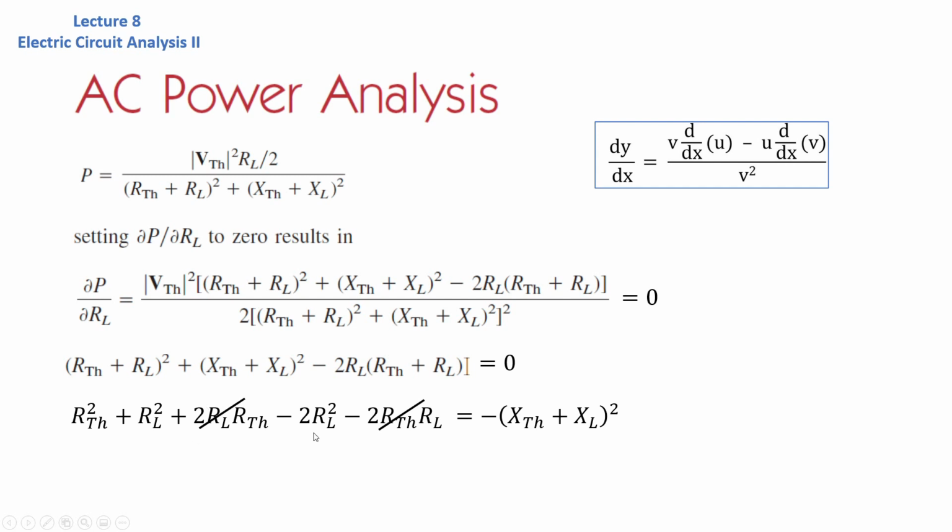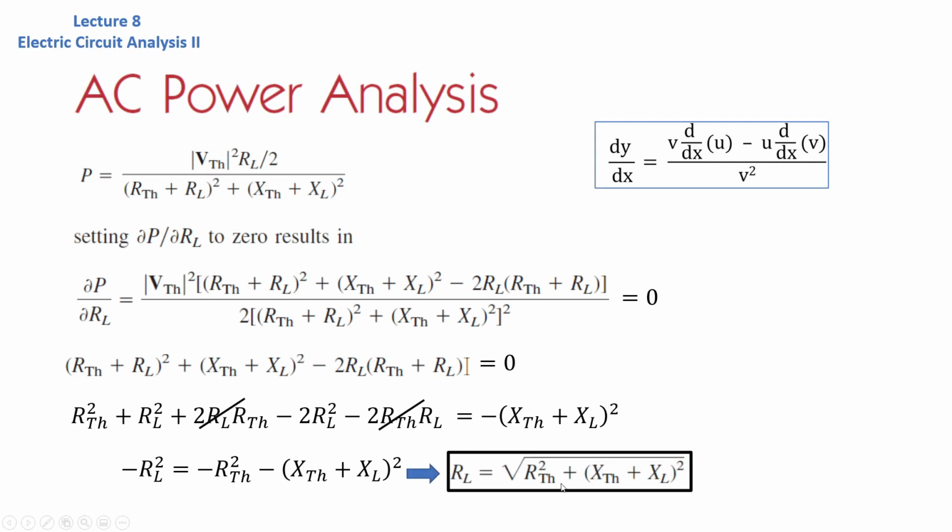Because we need to subtract RL squared from 2RL squared, we will have a negative of RL squared equal to minus R Thevenin squared, because we take this R Thevenin on the other side as well, and minus X Thevenin plus XL whole squared. So from this expression we can find a condition for RL, that is this one.